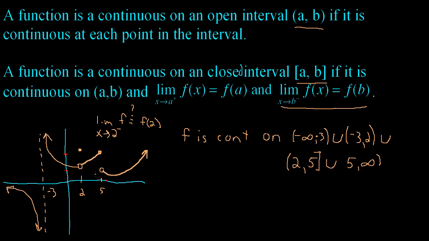If we look back at the graph and we approach 5 from the right-hand side, what is the limit of f as we approach 5 from the right? The limit is going to be this value right here. I don't know what that value is, but let's make one up. Let's say that it's 1. So the limit of this function as x goes to 5 from the right is 1. Well, what's f of 5? Is it 1?